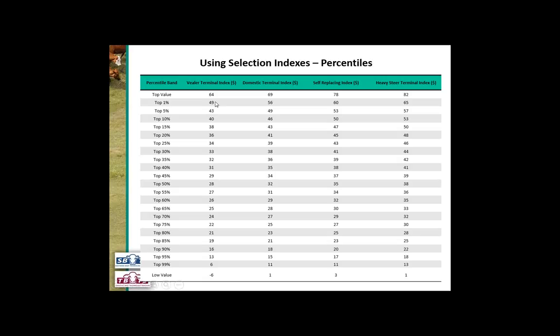If it had a domestic terminal index of 35, if you look up that percentile table, you would see that that puts that particular sire, or for that matter dam, in the top 40% for the breed. So at 35 it's in the top 40%, at 45 it's going to be in the top 15%, and so on. So that percentile table just shows you, in addition to what the index is, just where it fits within the particular breed for that index.